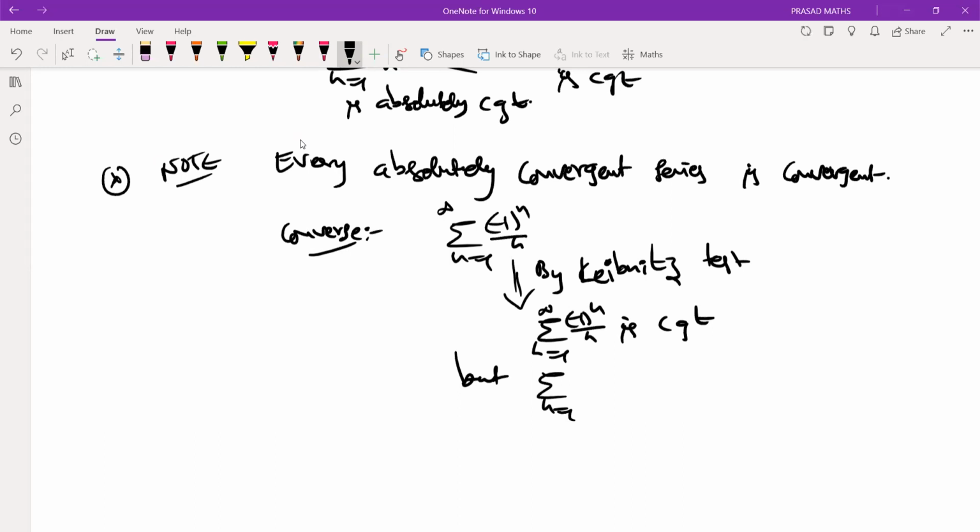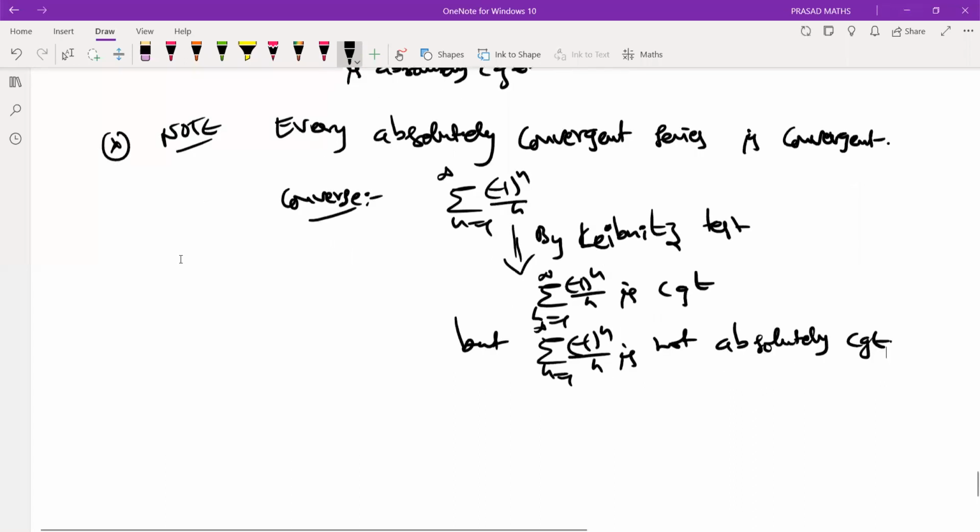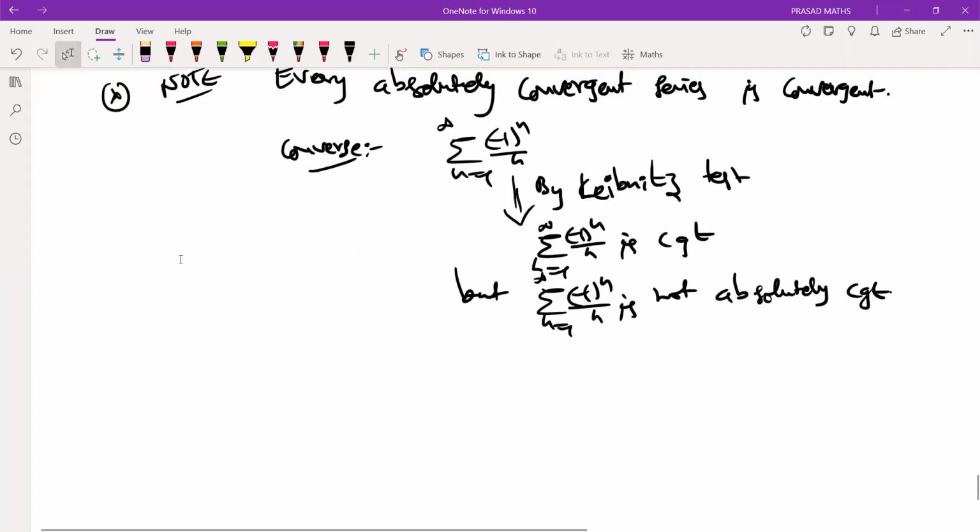We have seen this is not absolutely convergent. So there are some series which are convergent but not absolutely convergent.